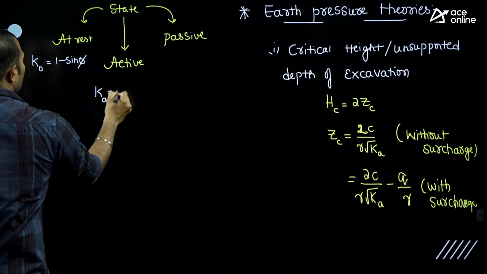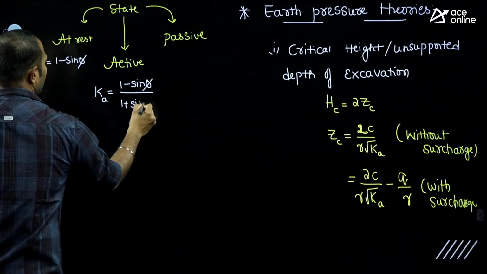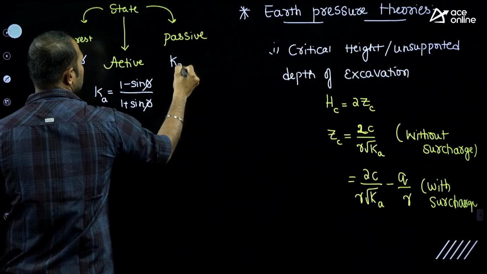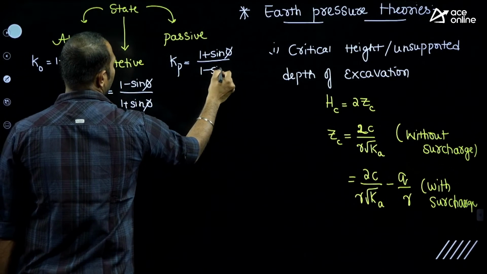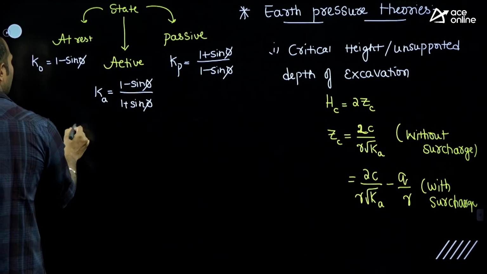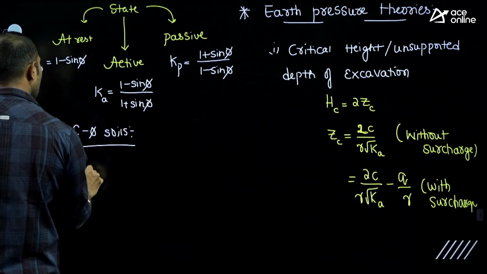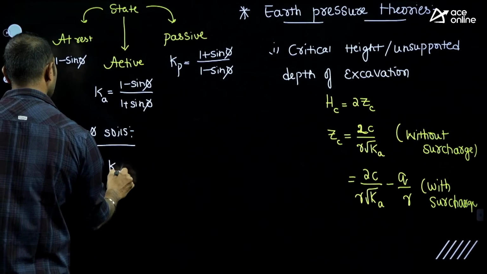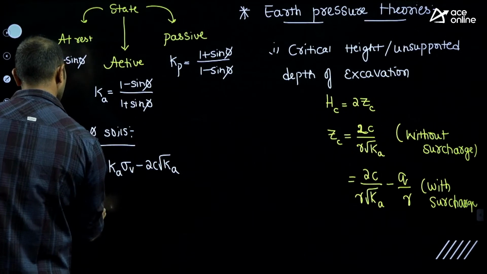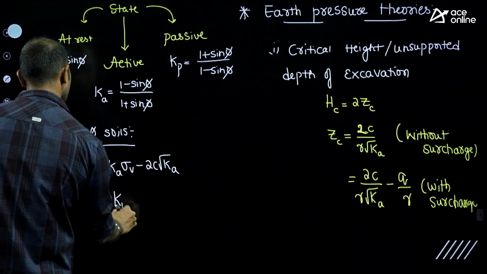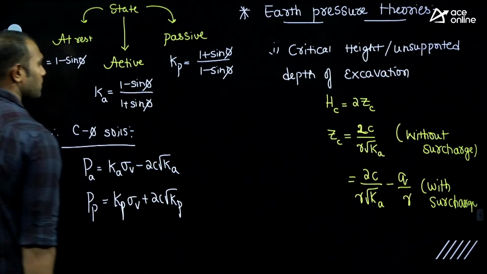Here Ka is 1 minus sin phi by 1 plus sin phi, and Kp is 1 plus sin phi by 1 minus sin phi. So in the case of c-phi soils, Pa is equal to Ka into sigma V minus 2C root Ka. Pp is equal to Kp into sigma V plus 2C root Kp.